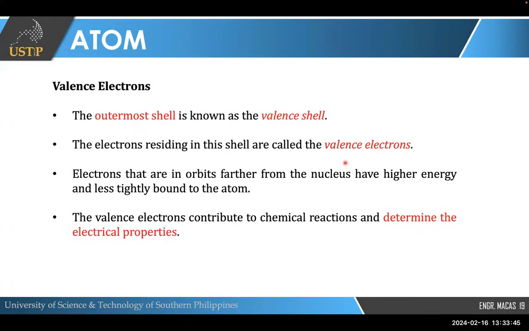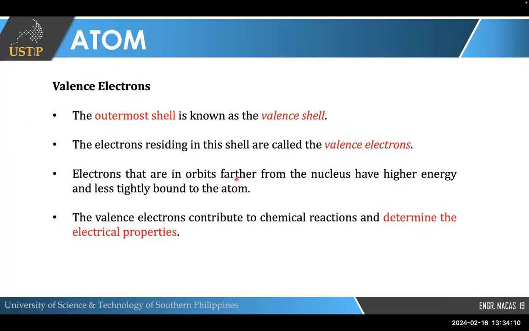have the highest energy. Indeed, because in our concept earlier, the farther you are from the nucleus, the higher your energy, since you are less attached. The closer you are to the nucleus, the less energy you have, because you are attached to the nucleus, the core. So electrons in the orbits farther from the nucleus have higher energy.